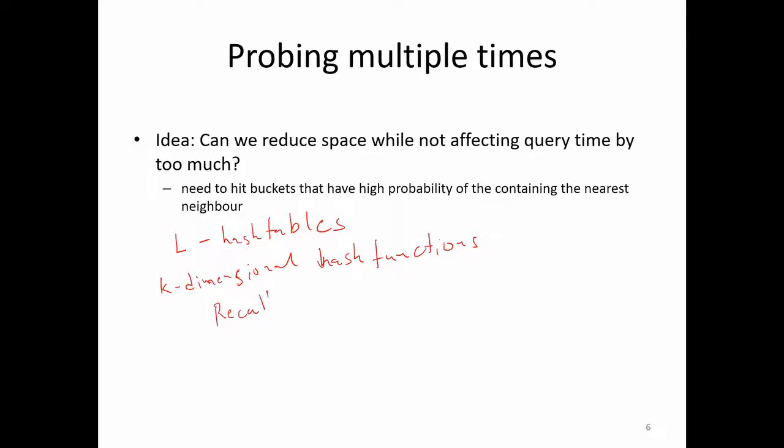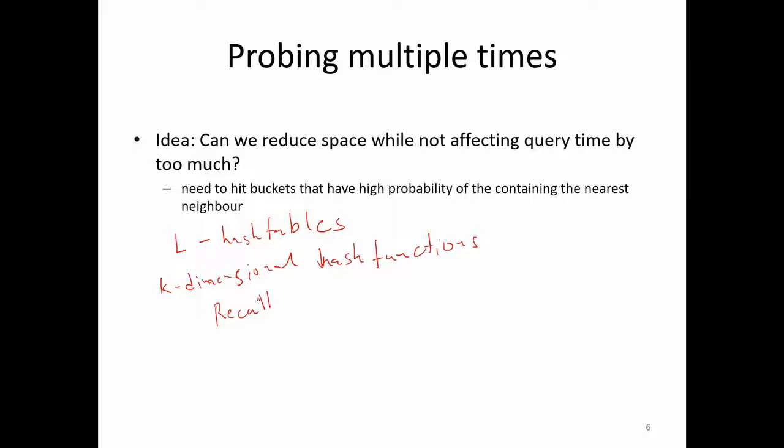So we are now going to use a terminology which is borrowed from information retrieval. As your k increases, your recall drops. That is, the number of points that you retrieve drops drastically.